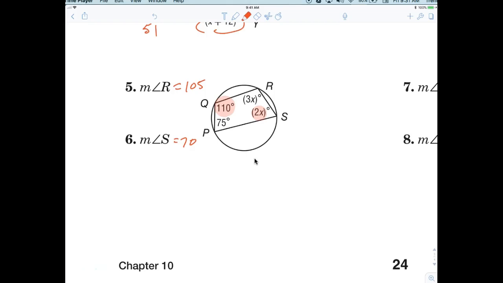They're asking you for specifically angle S. So S has to be 180 minus 110, which is 70. I thought you just said the opposite angle. I did not say that. I said the opposite angles of an inscribed quadrilateral are supplementary.